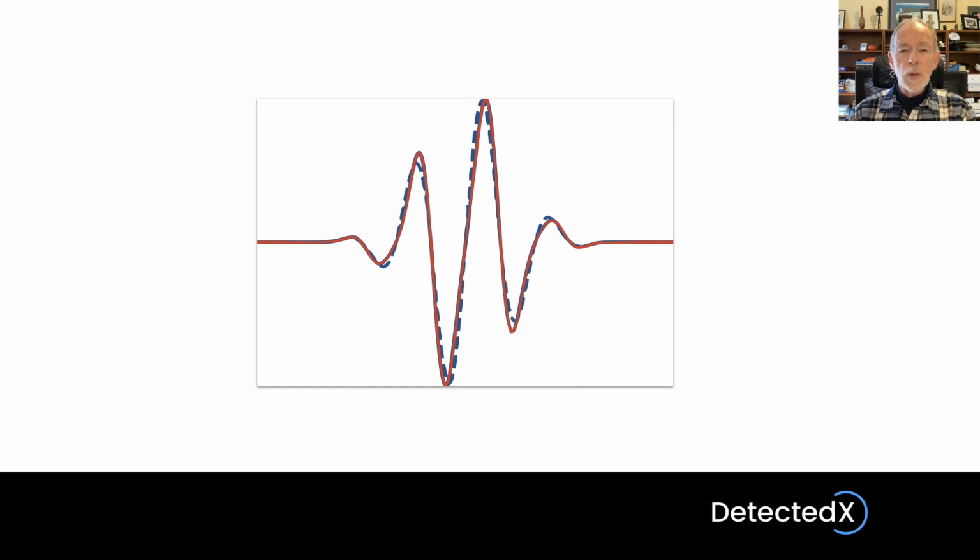The blue broken line here would be the original transmit pulse, and the red line shows you what's happened after that transmit pulse has travelled by 1 or 2 centimetres into the tissues. So as you can see, the peak is very slightly to the right and the troughs very slightly to the left of where you would expect them to be.